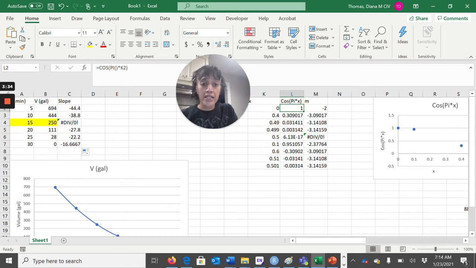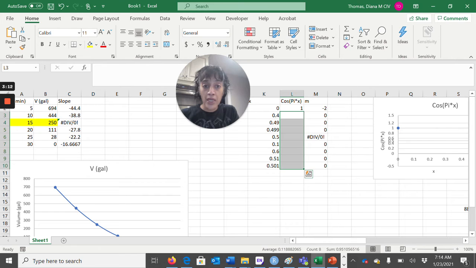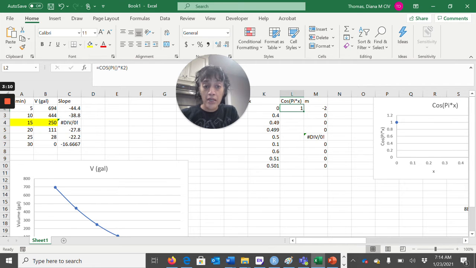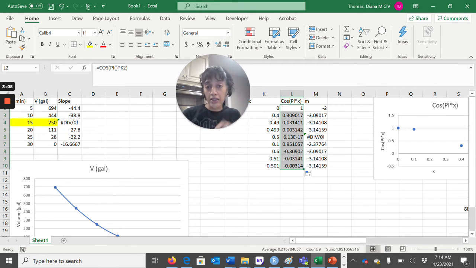All I did was put all the x values first in this K column, and to get the y values, the formula is cosine, open brackets, pi, that's the way Excel does pi, times K2. And then once you do that for the first one, all you have to do to get all the rest of the values is double click on the lower right bottom edge, and you will get all the y values.